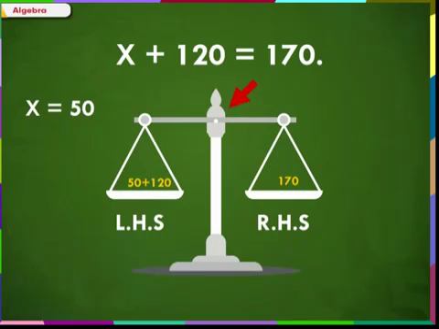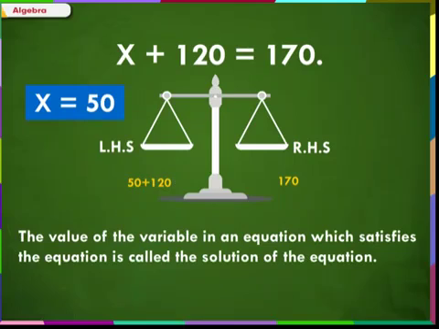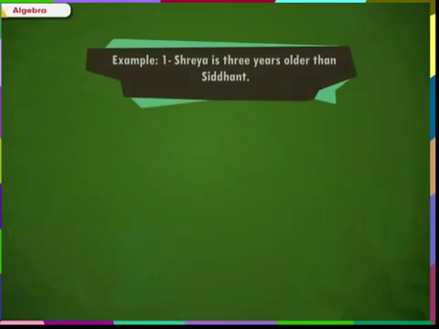Since the value 50 satisfies the equation to be in balance, therefore x is equal to 50 is the solution of the equation. The value of the variable in an equation which satisfies the equation is called the solution of the equation. Let us now see a few examples to understand the topic better.